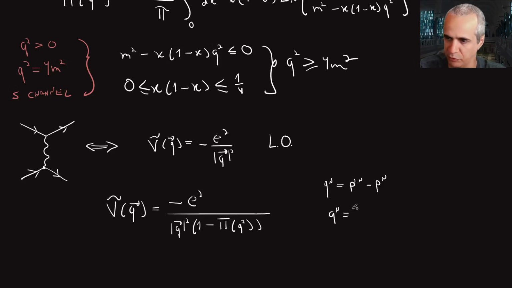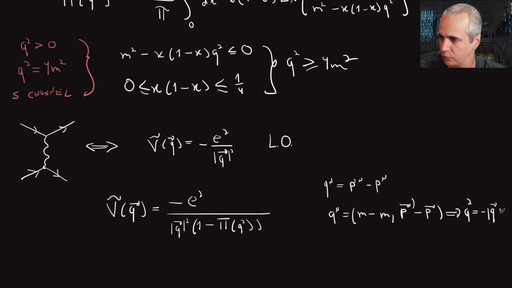So Q mu will be the difference in momentum, but in the non-relativistic limit you just have mass minus mass in the first component, and these will be the rest of the Q four-vector. And that means that in this limit, I can write Q square as minus the modulus of the vector squared. And I'll substitute this here. Let me make some space.